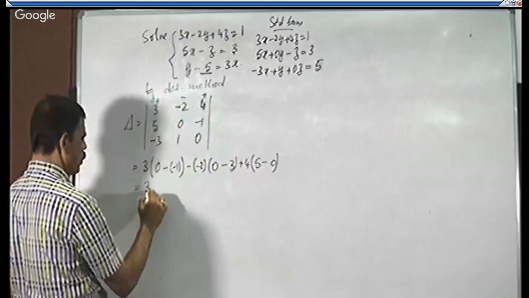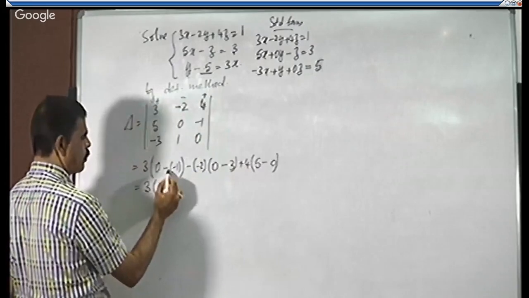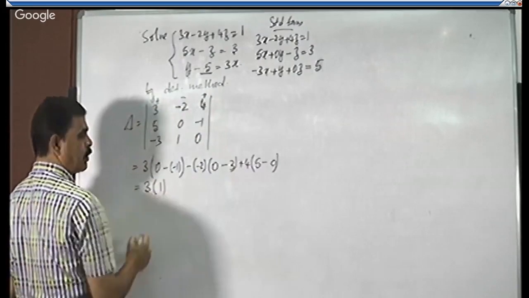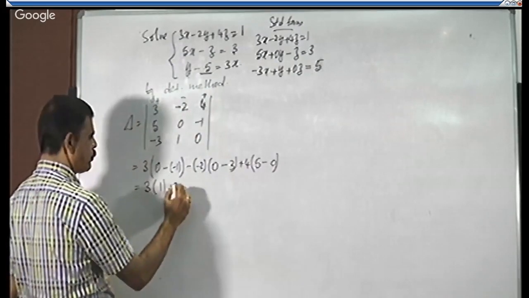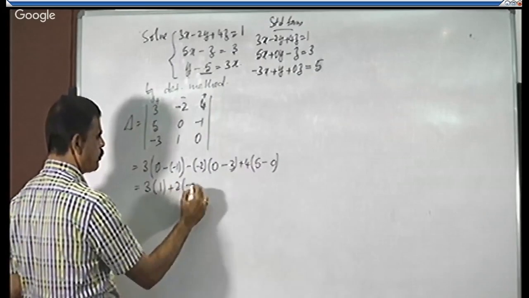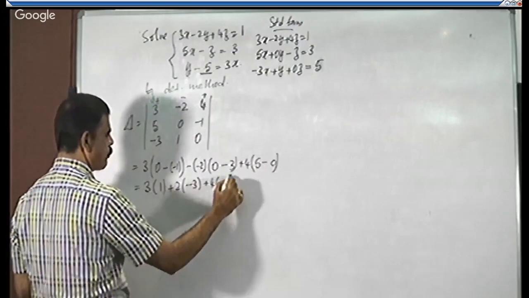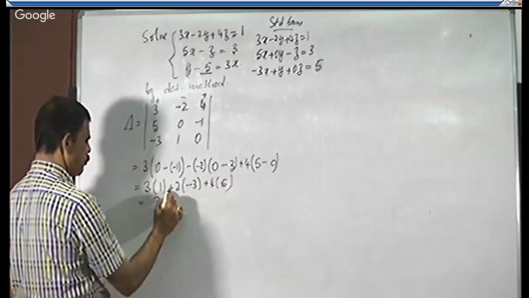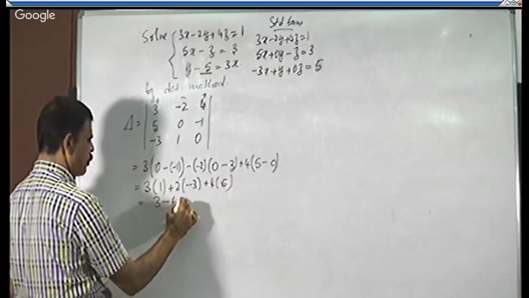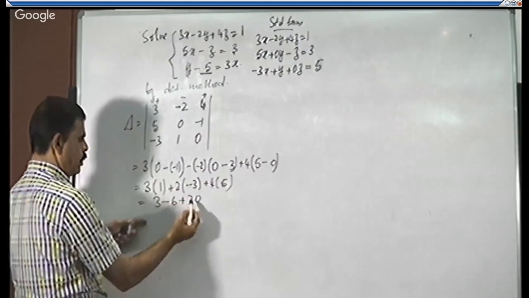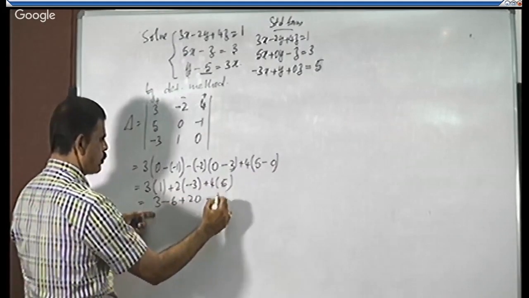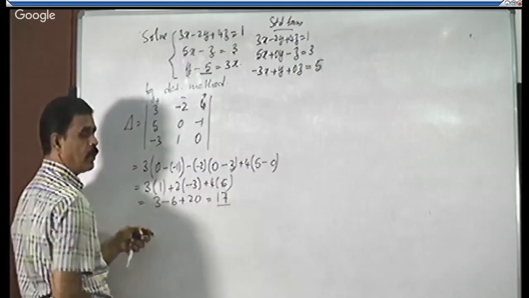Therefore, 3 into 0 minus of minus 1, plus 2 into 0 minus 3 is minus 3, plus 4 into 5 minus 0 is 5. 3 minus 6 plus 20. 23 minus 6 is equal to 17, which is delta.